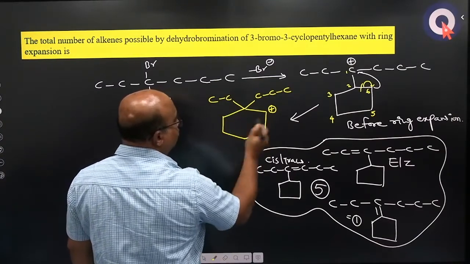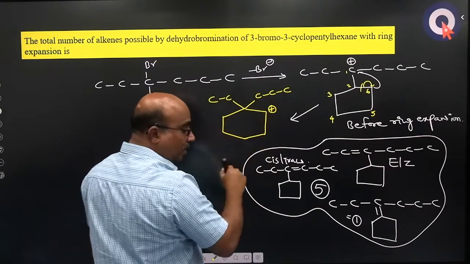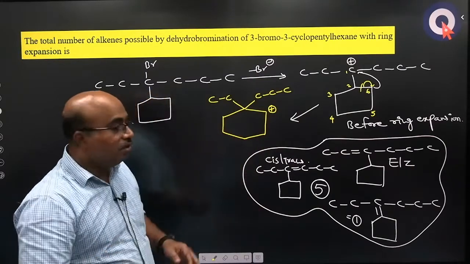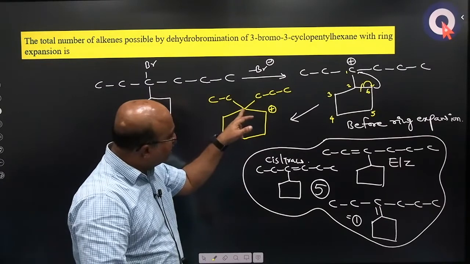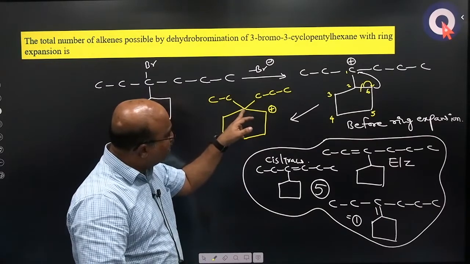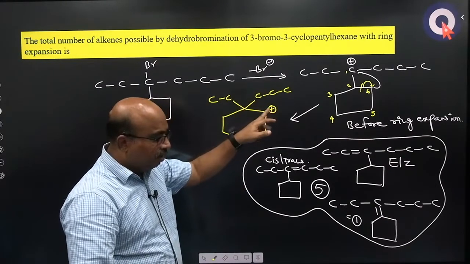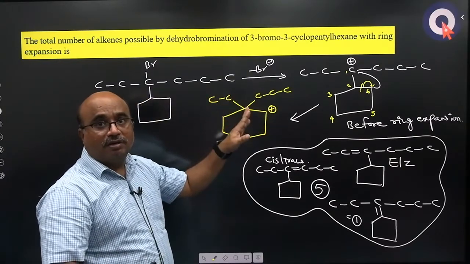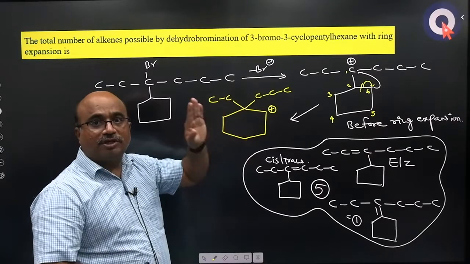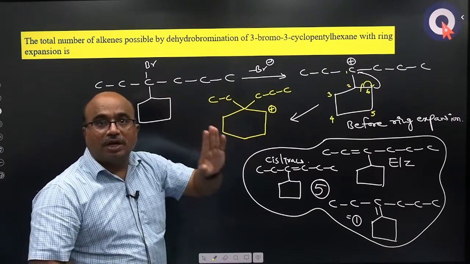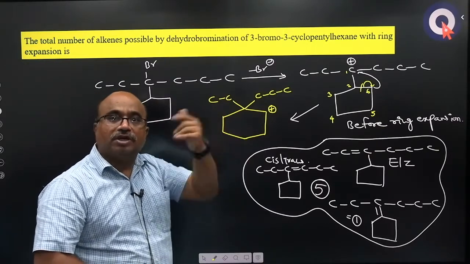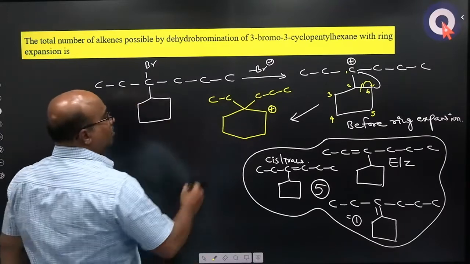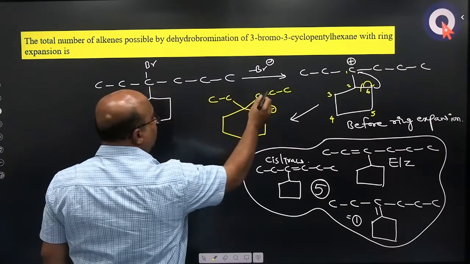So after ring expansion, this can further rearrange to give something more stable, because the adjacent carbon is quaternary or tertiary. When you have a secondary, it immediately rearranges. Tertiary is there, secondary becomes tertiary. Quaternary is there, quaternary becomes tertiary. That means among this ethyl and propyl, one of them will shift.